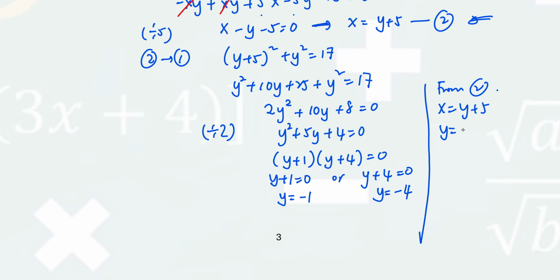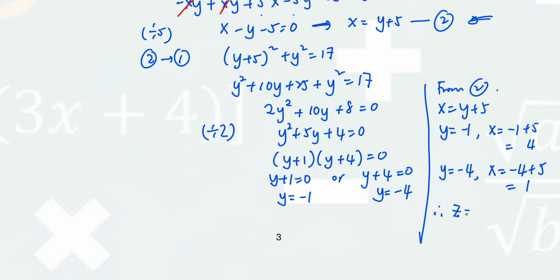When y equals minus 1, x equals minus 1 plus 5, which is 4. Then when y equals minus 4, x is minus 4 plus 5, which is 1.